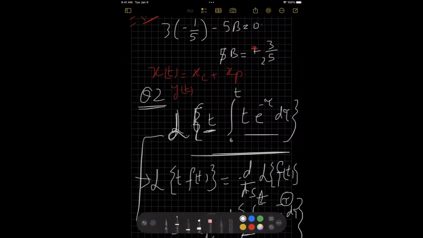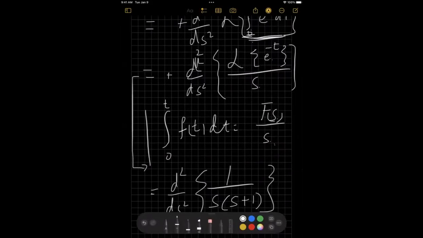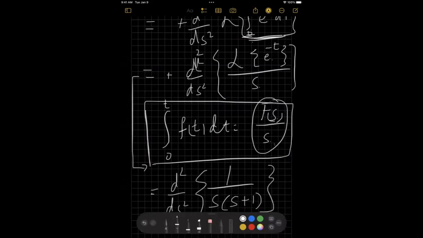We use the law here, this one, which says that when you have the integral of f of t dt, you will use F(s) over s. So the integral becomes 1 over s and your F(s) goes up in the numerator. This is the law we used here. All right, thank you. Welcome.